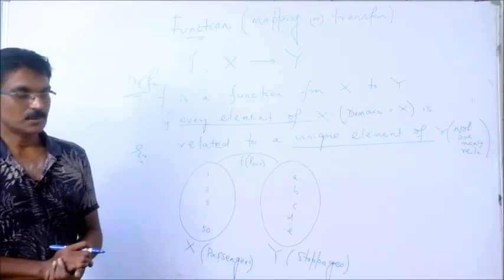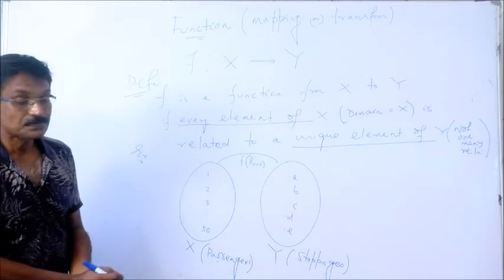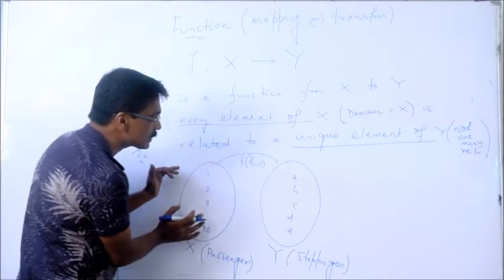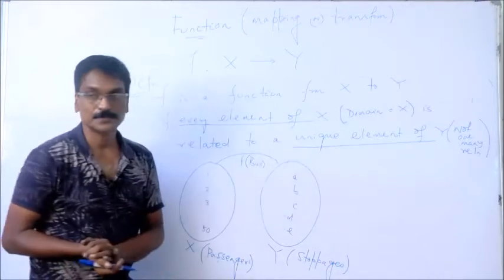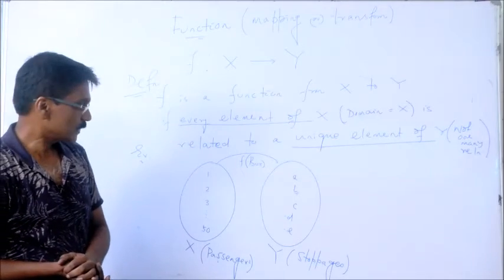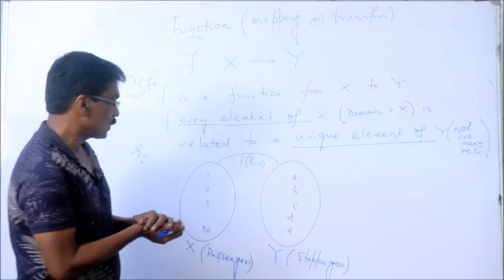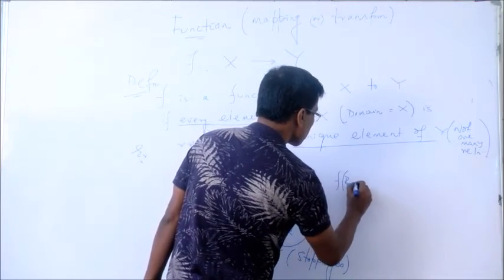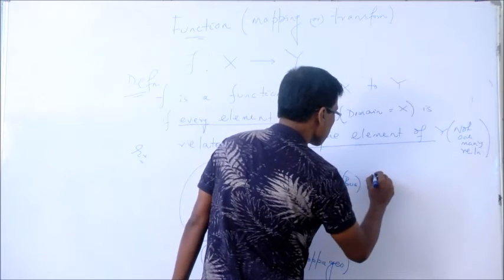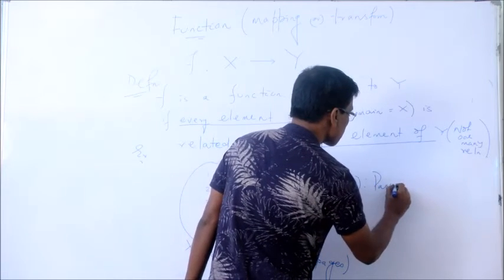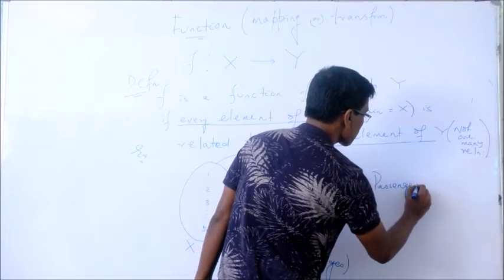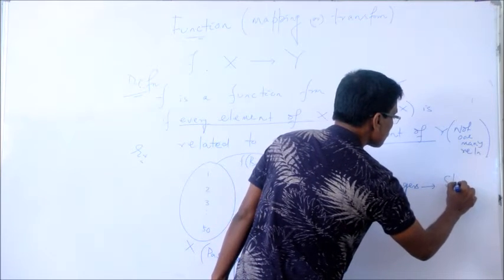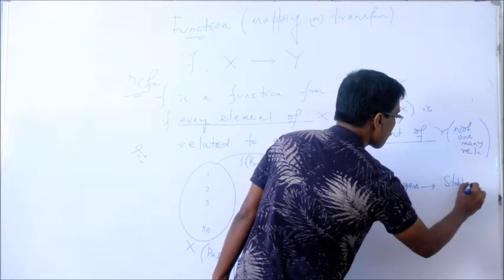So, what does the vehicle do? It transforms passengers to different stoppages. So, the vehicle, that is bus, transforms passengers to different stoppages, that is their destinations.